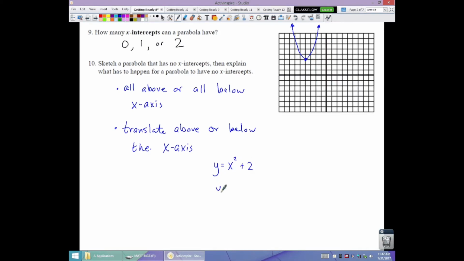Or if we had one open down, y equals negative x squared minus 2. Right? So it would have to translate above if it's open up, or below if it's open down.